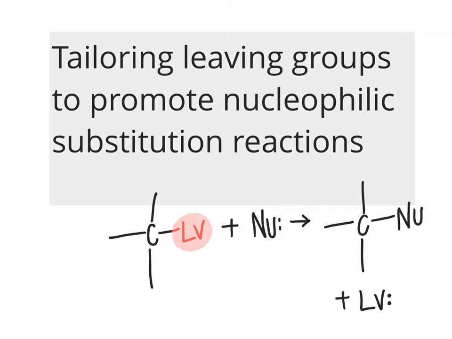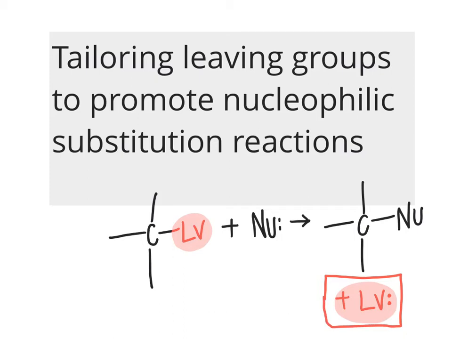So when we're thinking about so-called hacking this reaction, or the impact that the structure of that leaving group is going to have on the reaction, we can make the reaction go faster if we use a leaving group that will be more stable on the product side here. So the more stable the leaving group, the better the reaction is going to go and the easier you're going to get out of lab.